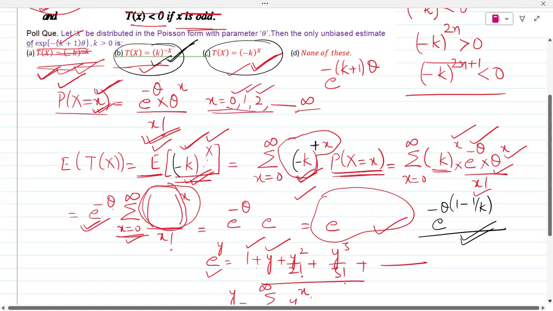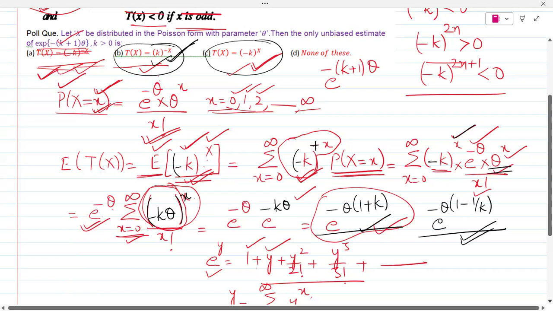Now here (-k)^x and theta^x give you (-k theta) whole raised to the power x. So obviously here it will be e^(-theta(1+k)).